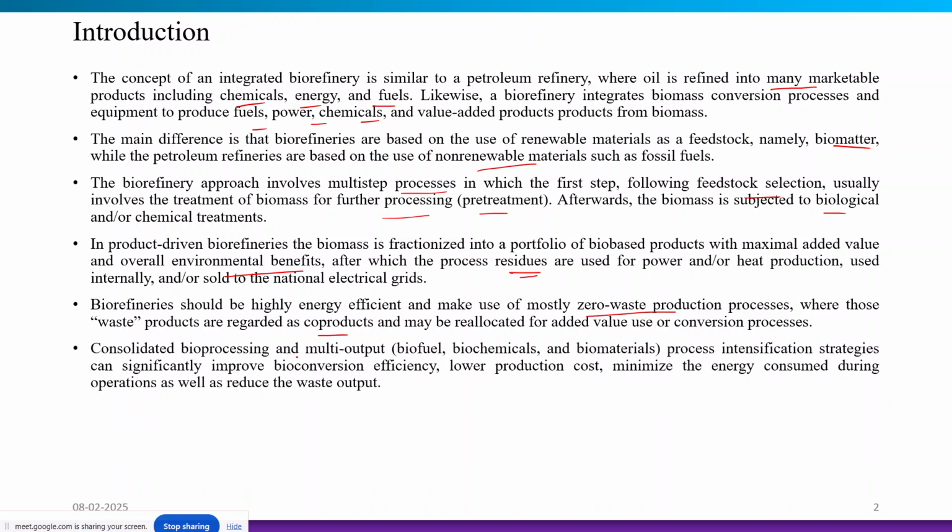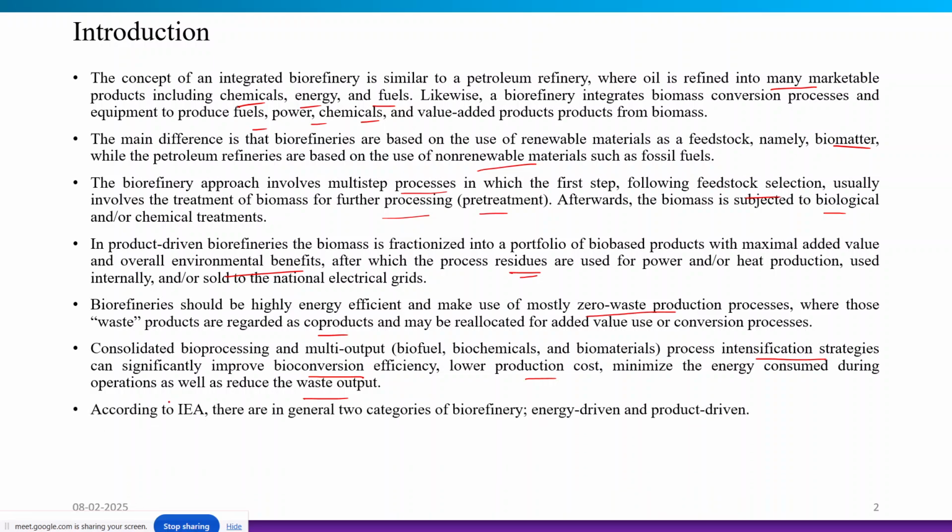Consolidated bioprocessing and multi-output production, like biofuel production, biochemical production, and other biomaterials, are process intensification strategies that can significantly improve bioconversion efficiency. This concept will also lower the production cost, minimize the energy consumed during operation, and reduce the waste output.